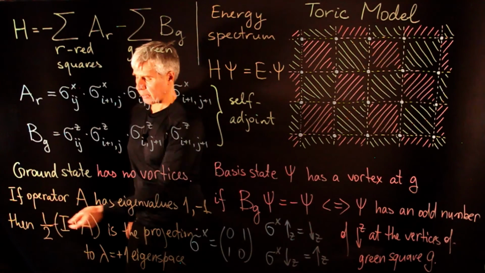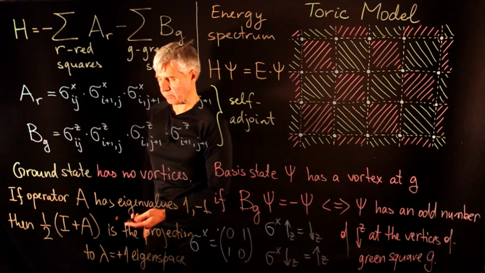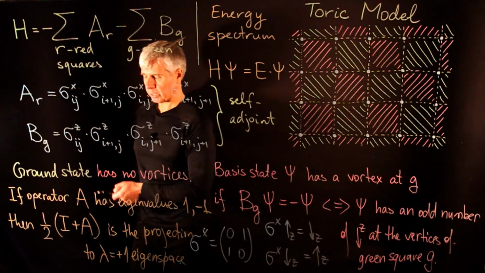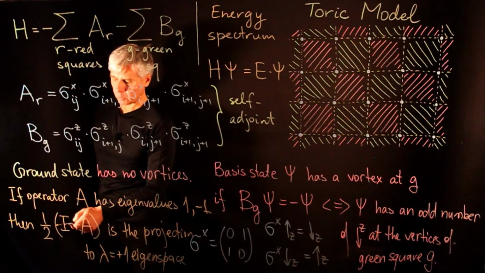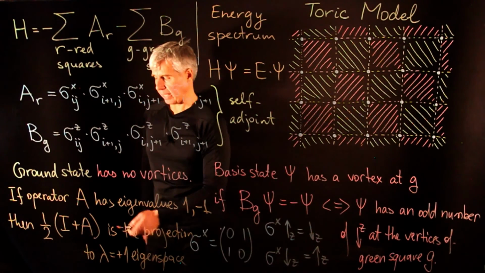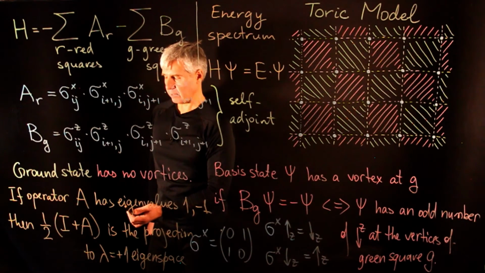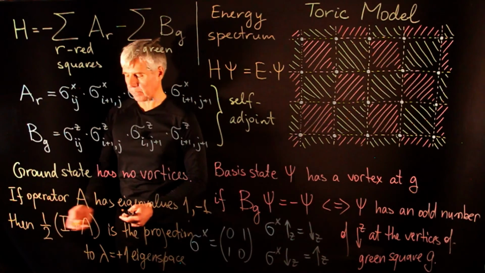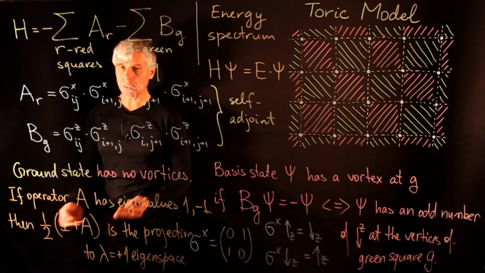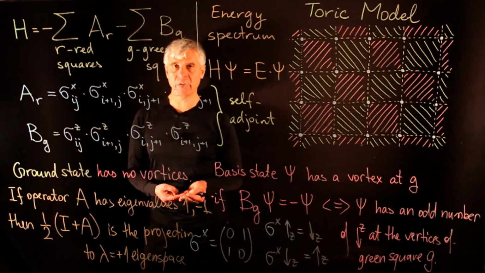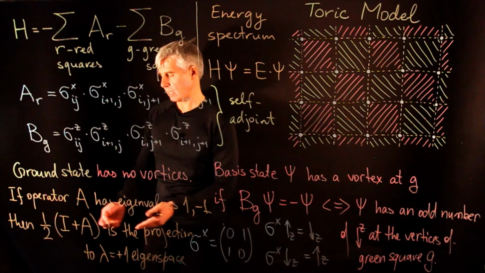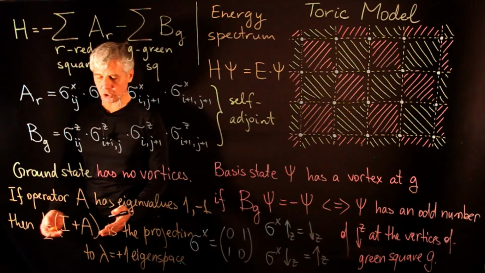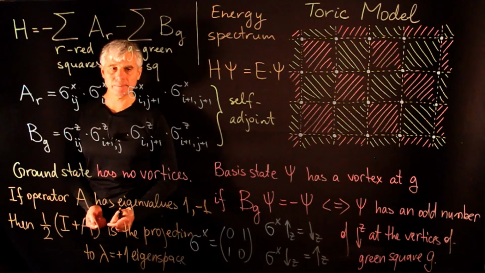And if we apply this operator to +1 eigenvector, then identity will contribute 1, A will contribute 1, and taken with the factor of 1/2, we see that every +1 eigenvector is preserved by this operator. So this operator preserves +1 eigenvectors and kills -1 eigenvectors. So this means that this operator is the projection to +1 eigenspace.